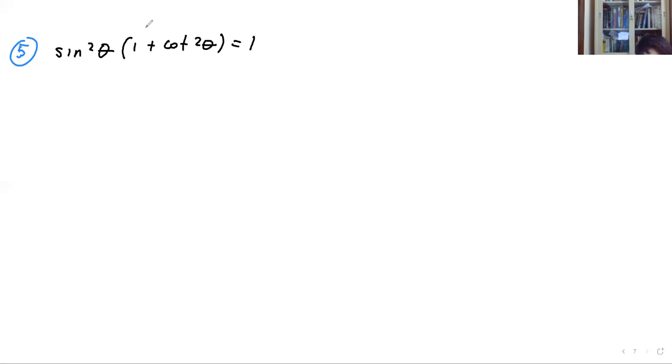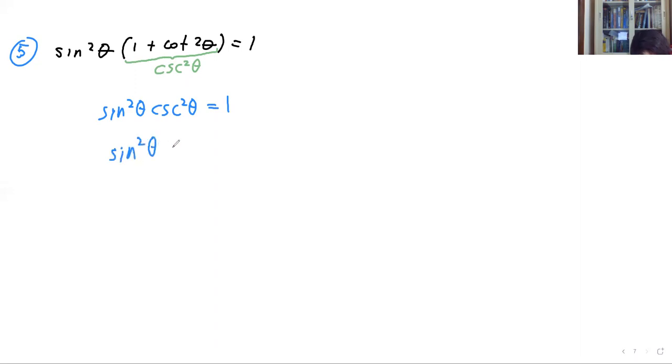I'll just change the color. So 1 plus cotangent squared theta is just cosecant squared theta. So we can just do this: sine squared theta times cosecant squared theta, equal to 1.